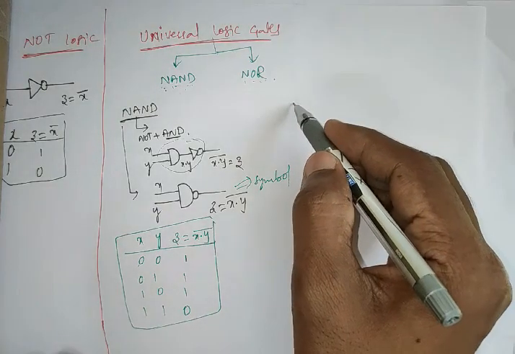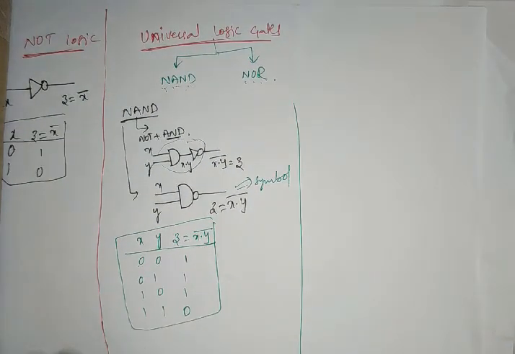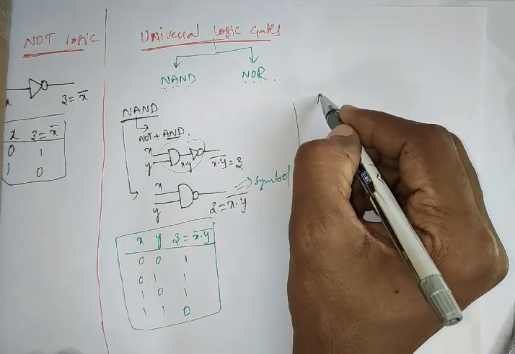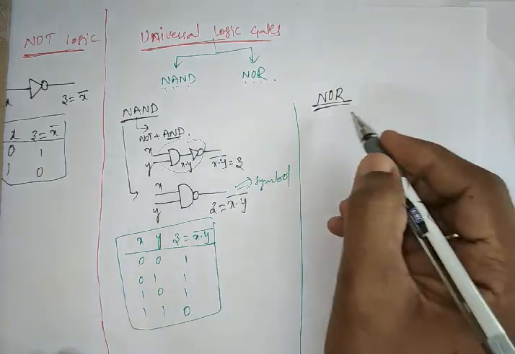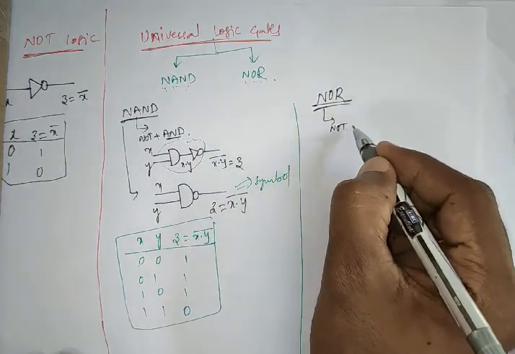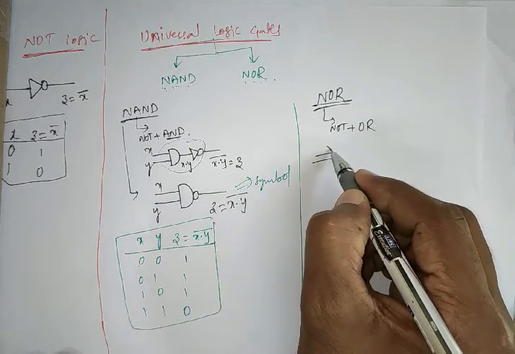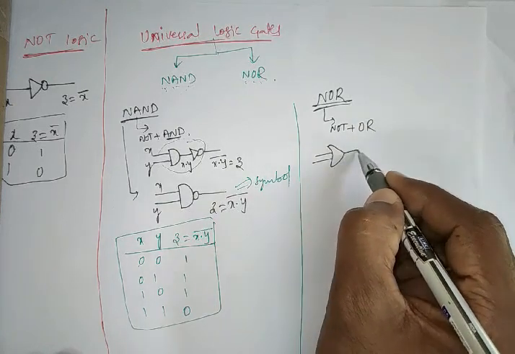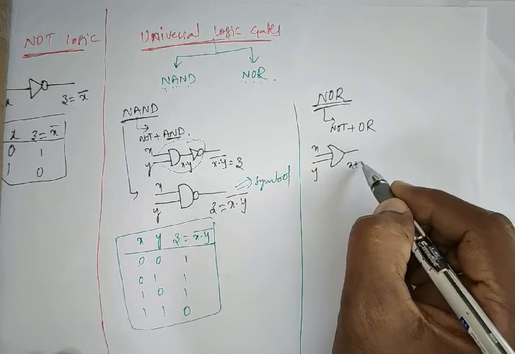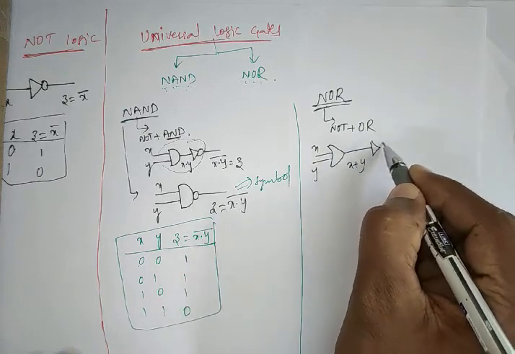Okay. Next, NOR logic. How to represent the symbol NOR. Here it is NOT plus OR, NOR. So here it is OR logic. Here x y, that is x plus y. Next, NOT gate.